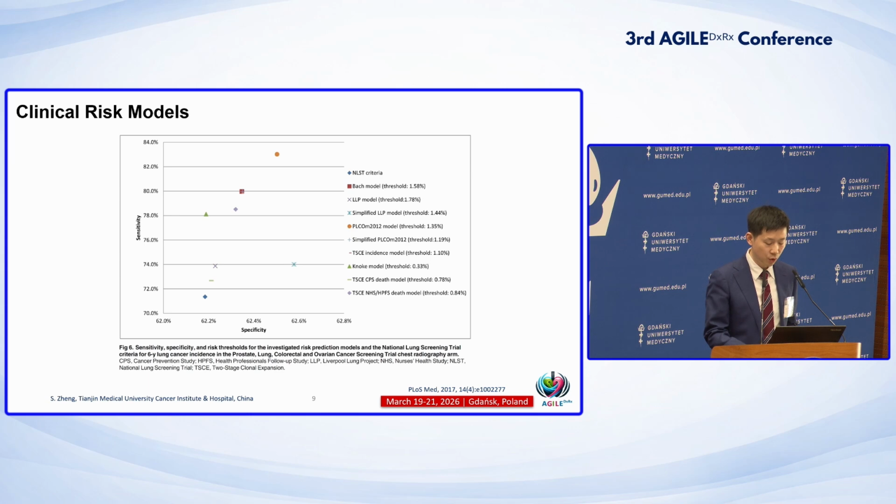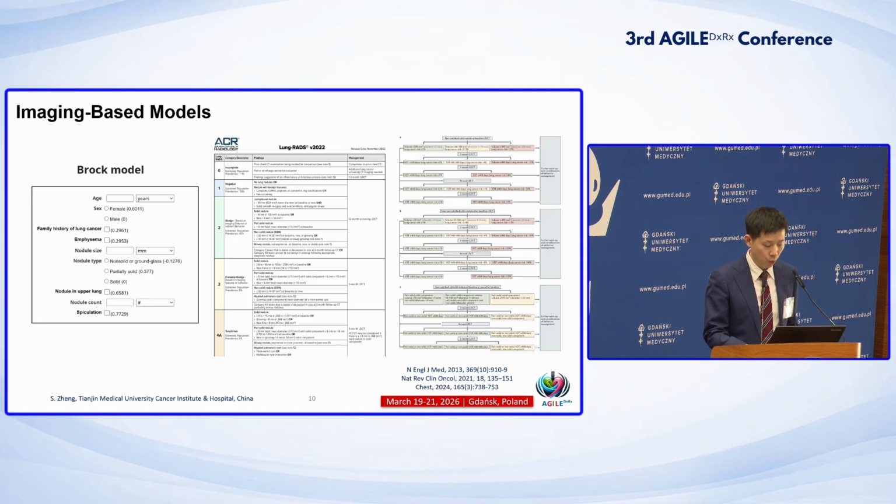So these models are mainly based on clinical factors, and with the widespread adoption of CT screening, imaging became a more important component for lung cancer risk prediction. This has driven the transition from clinical factor-based models to imaging-based models.